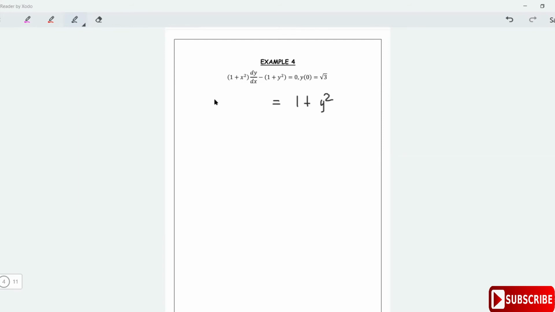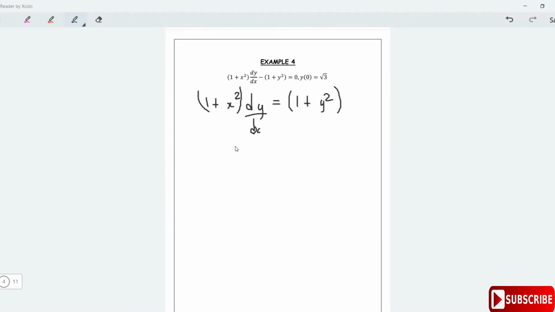All right, the next thing is that we notice we'll have (1 plus x squared) dy by dx. So what are we going to do? By the way, put a bracket around them so you know that you're looking at it as one thing. You're going to cross multiply dx.